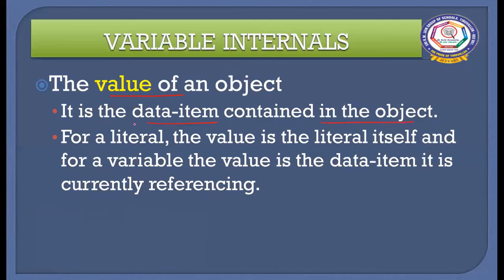So whatever item is present in it, we call it the value. For a literal, the value is the literal itself. For a variable, the value is the data item that it is currently referencing. So why do we say currently referencing? Because variables are not storage containers. That's why we use the term referenced.